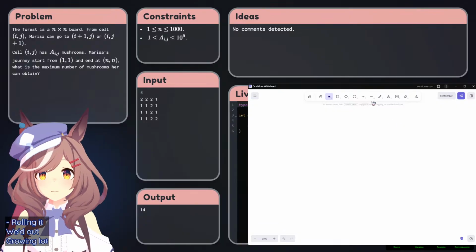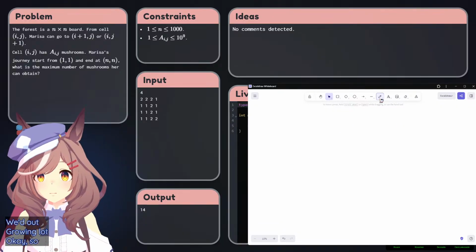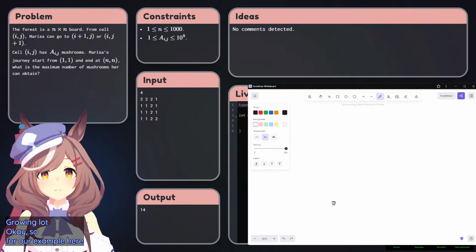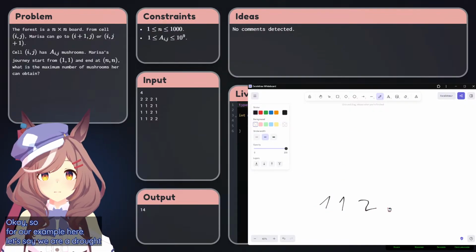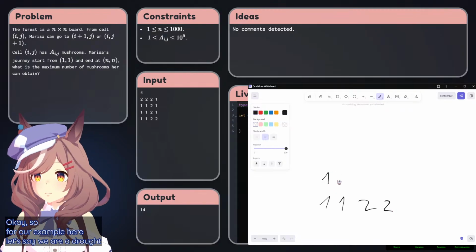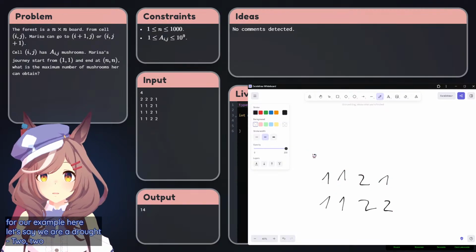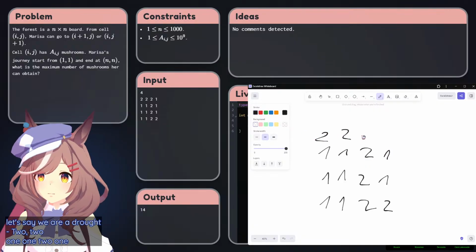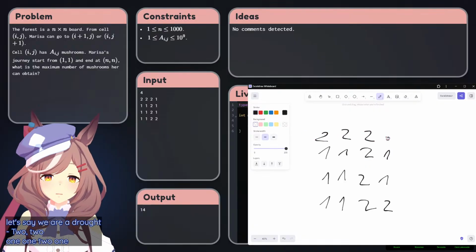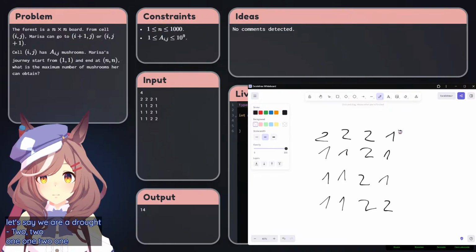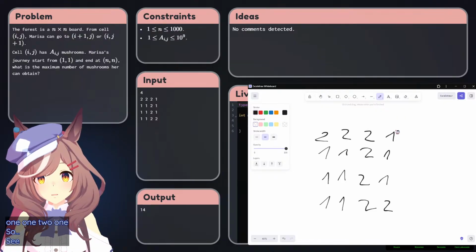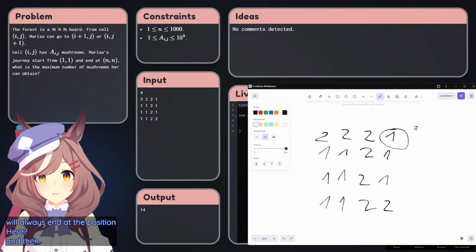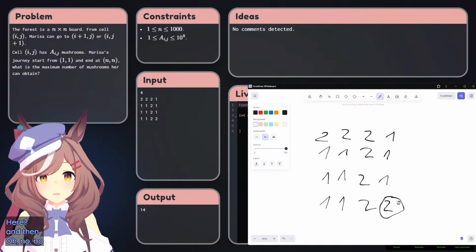Okay, so for our example here, let's say we have 1 1 2 2 1 1 2 1 1 1 2 1 2 2 2 1. So she will always end at the position here, and then here, and then 2.